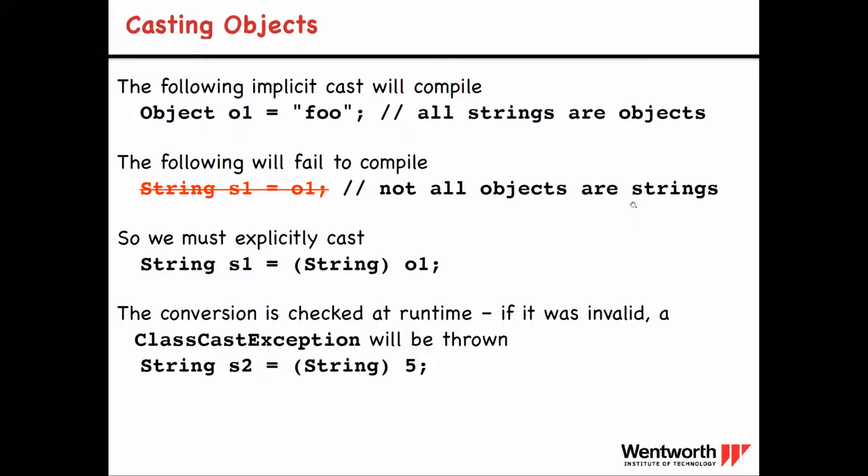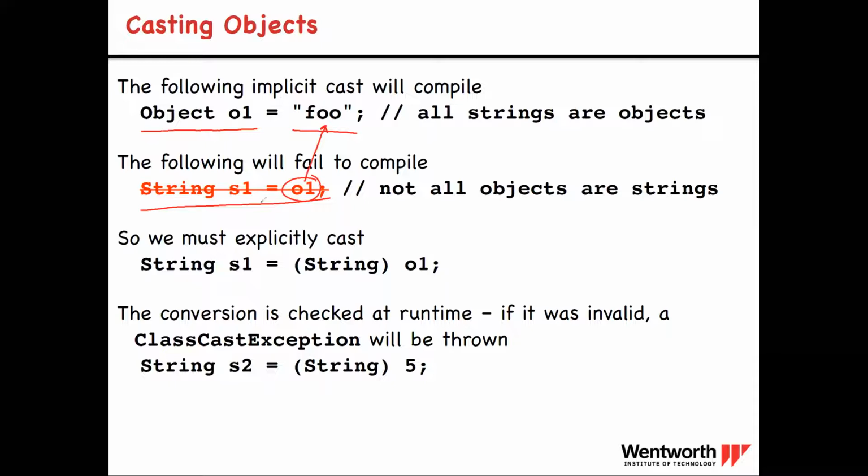All right, so you saw the primitive stuff. Object-wise, it looked like this. If I created an object that I call o1, and I set it equal to a string, this will work because all strings are objects. Remember, Object is the supertype of all classes. All strings are objects. But the next line here, where I try to say String s1 equals o1, we know o1 is a string.